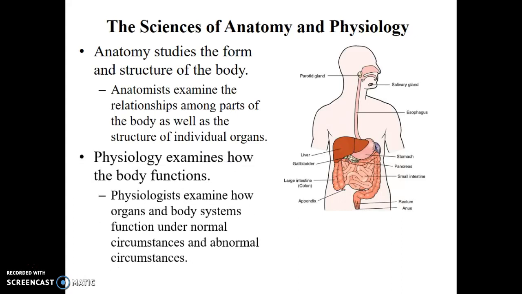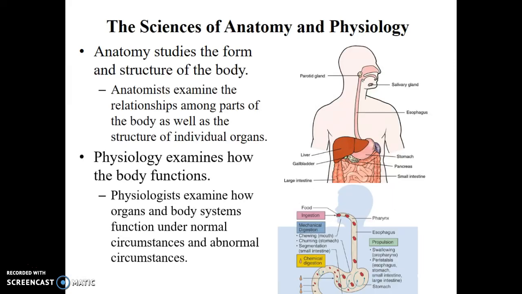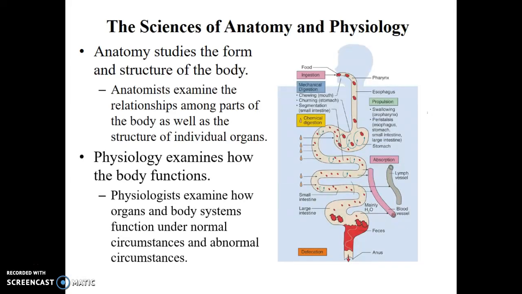Physiology, that term means the study of how structures function. And since we're studying, again, human anatomy and physiology, we're looking at how the body structures function. So a physiologist would actually see this in a much different light. They're going to see the same organ system, the same structures, but they're going to be looking at what processes occur in the mouth.